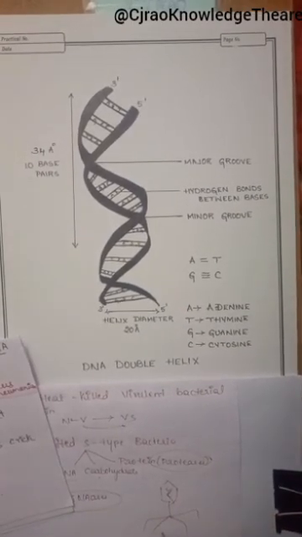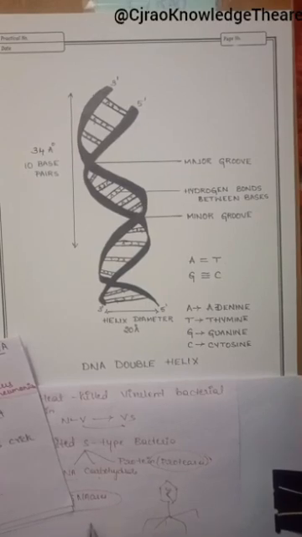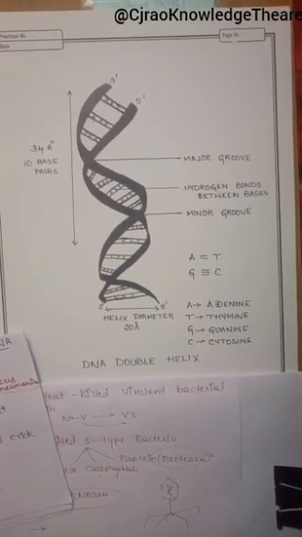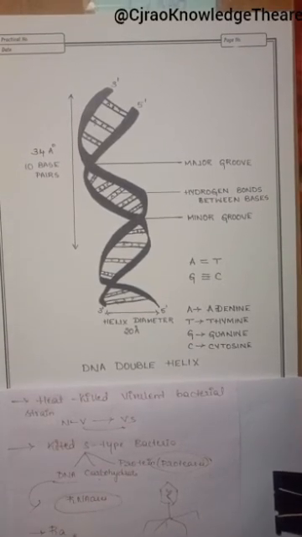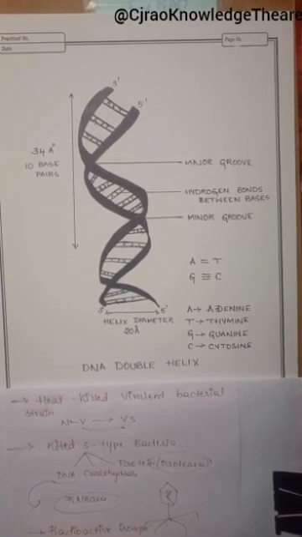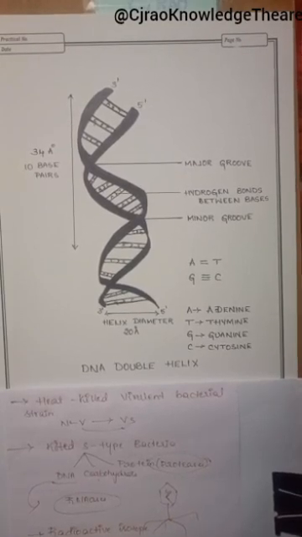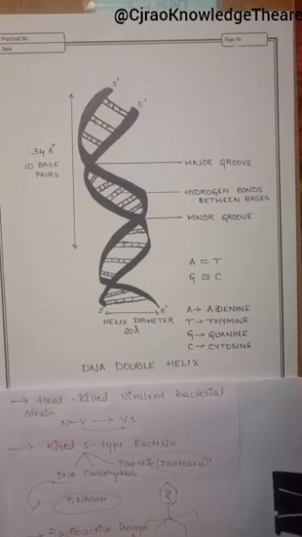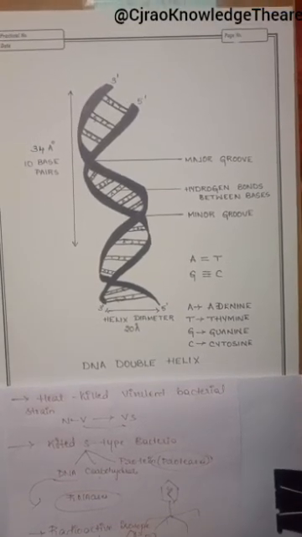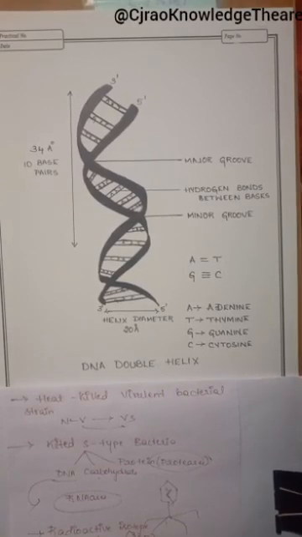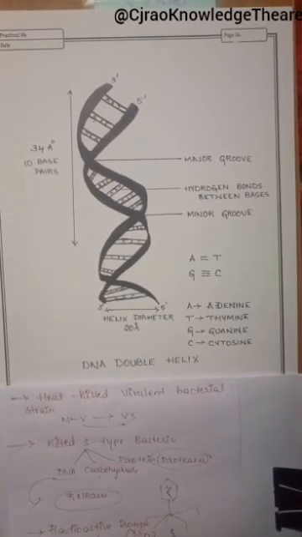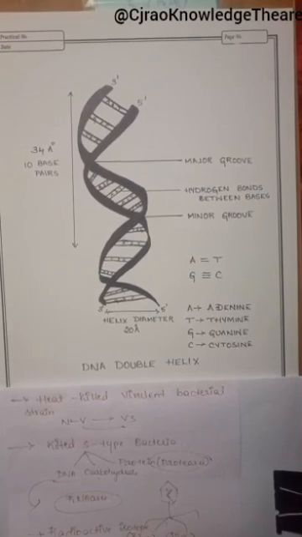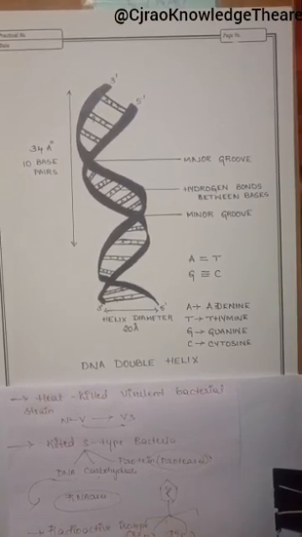Bacteriophages were grown with radioactive isotope of phosphorus, 32P, which is incorporated into phage DNA in one phage culture, and sulfur, 35S, into proteins in a separate phage culture.